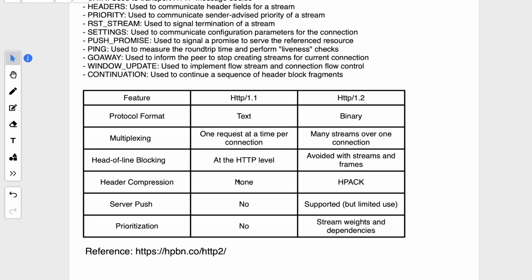Header compression is not there, but here we use HPACK for header compression. Server push and prioritization are not present in HTTP1, but in HTTP2 both are present, although server push is of limited use and is not being used anymore. And prioritization, as we have already seen, is done using weights and dependencies on the streams.